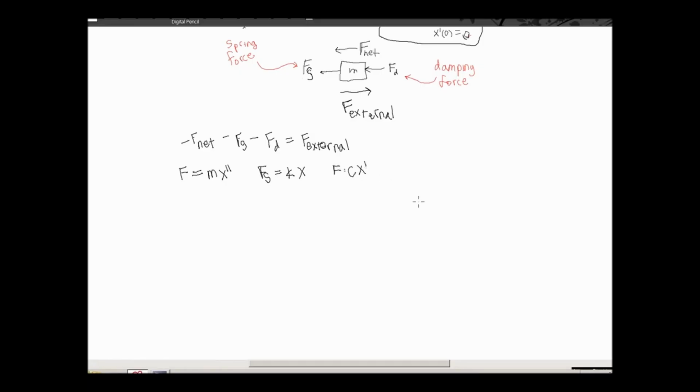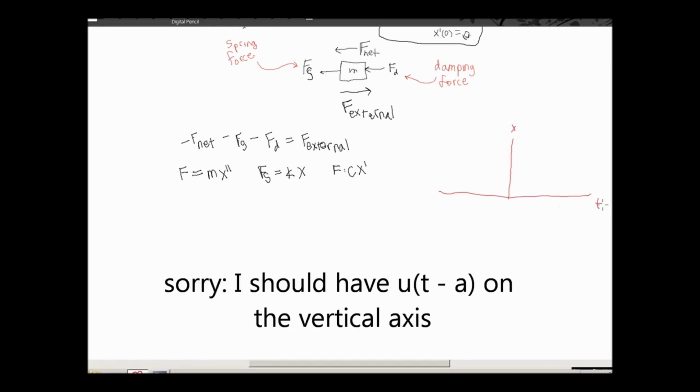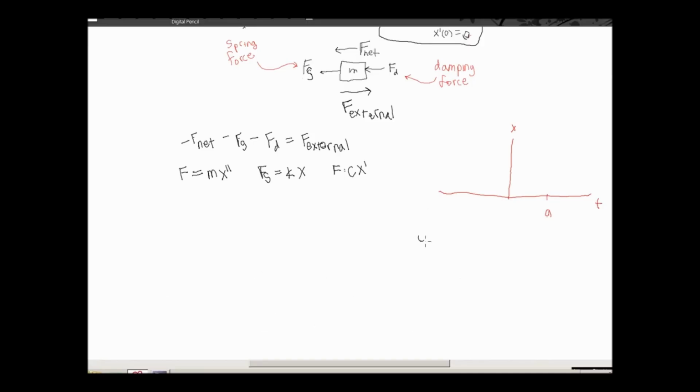Okay, so how do we show an external force that's only applied for 1 second? Well, we need to make use of something called the unit step function. So the unit step function is defined as follows.